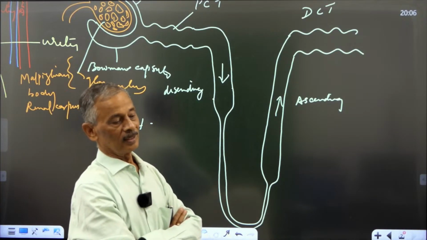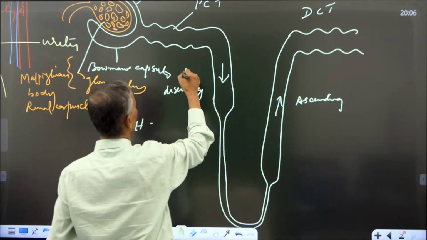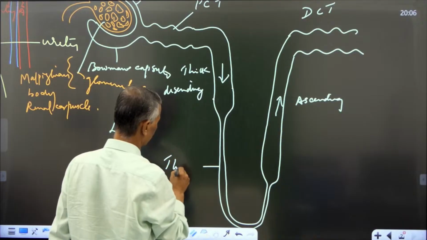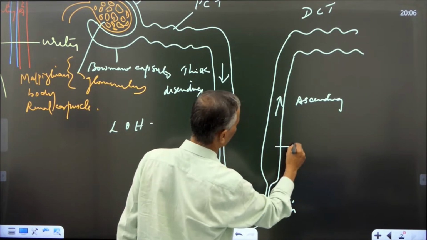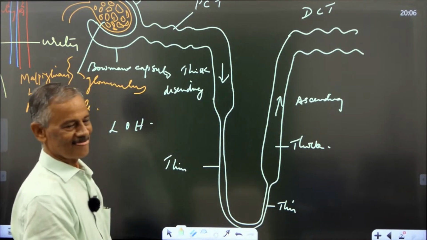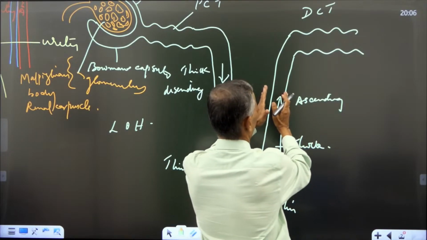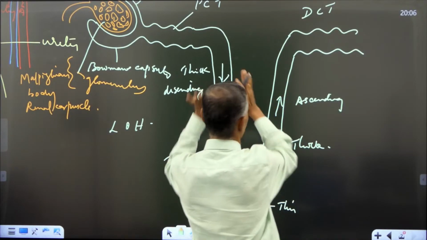Both descending and ascending limbs have a thick and a thin part. This is the thin and this is the thick, meaning a part which has more diameter and a part with a narrow diameter.